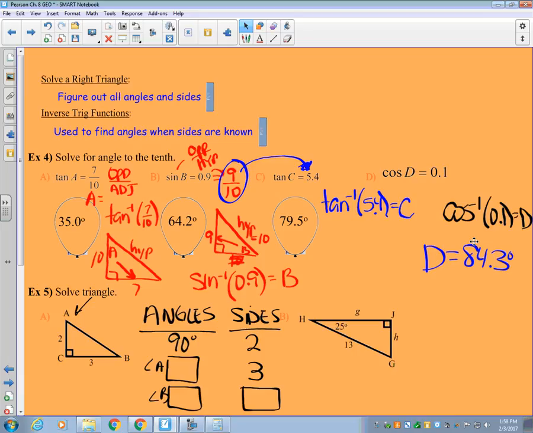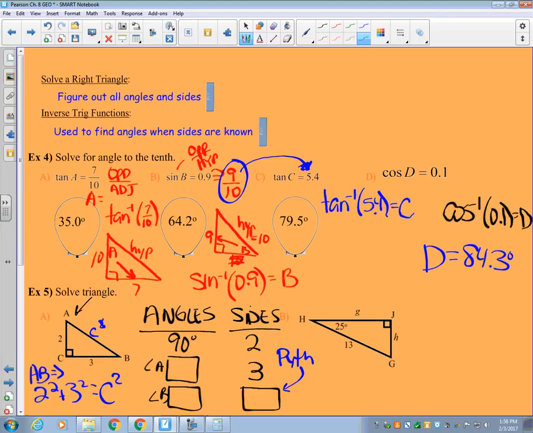In fact, I'm going to go ahead and solve for that missing third side. I know how to do that. I'm going to use the Pythagorean Theorem to solve for that third side. That's a quick and easy calculation. So our third side, AB: 2 squared plus 3 squared equals, we'll call this C squared.